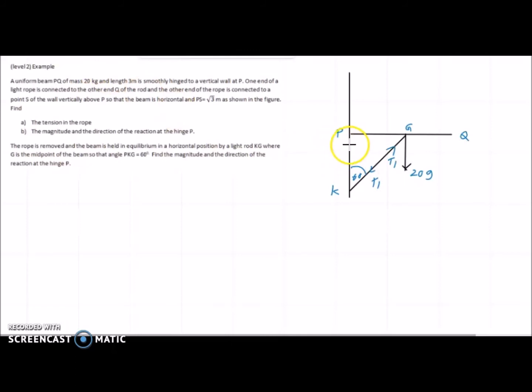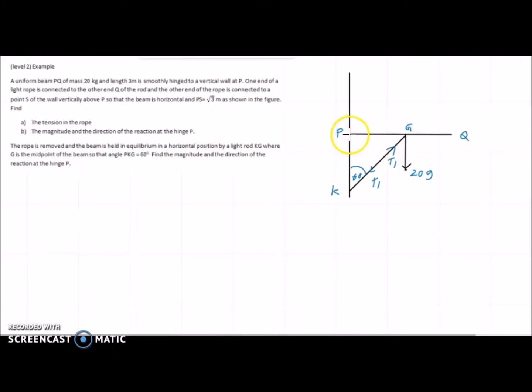Now there are two ways of solving that part. One is this. Now this beam is in equilibrium by the action of three forces. What are the three forces? One is the weight, another is the thrust this way, and the other force is the reaction at the hinge. We don't know the direction, but since this is in equilibrium by the action of three forces which are not parallel, the three forces must meet at a point.